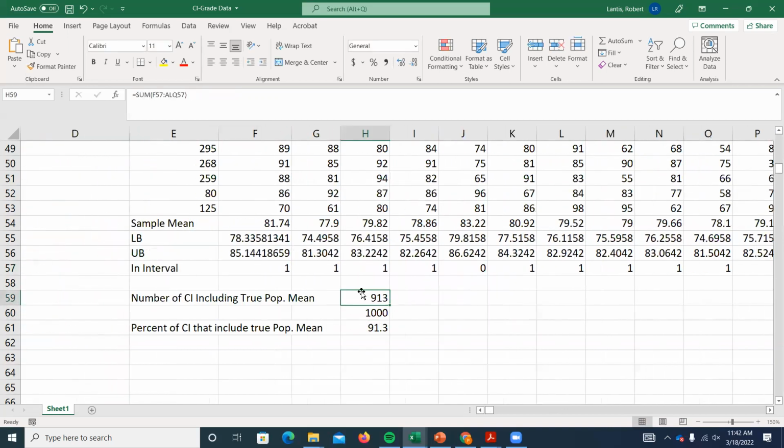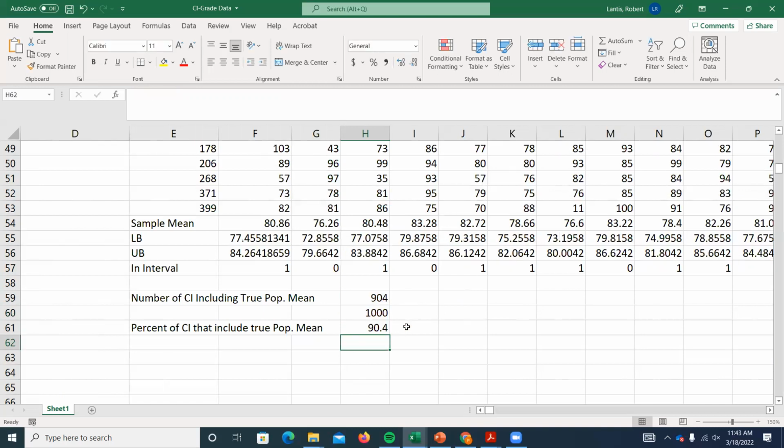So this counts the number of times that the confidence interval included the population mean. I've got 1,000 different samples, so I took the number of times my confidence interval included the population mean, divided by 1,000. That tells me the proportion of times that my confidence intervals included the population mean, and then I multiply it by 100 just to make it easier to talk in percentages.